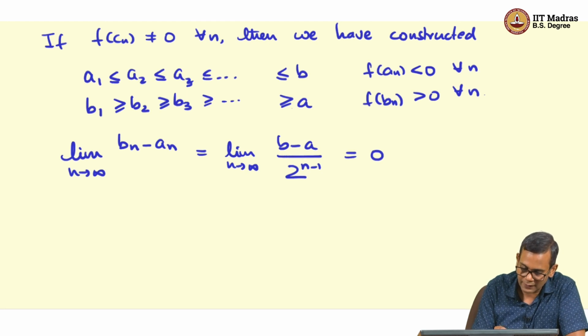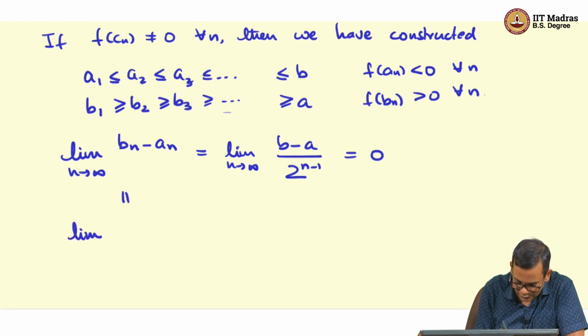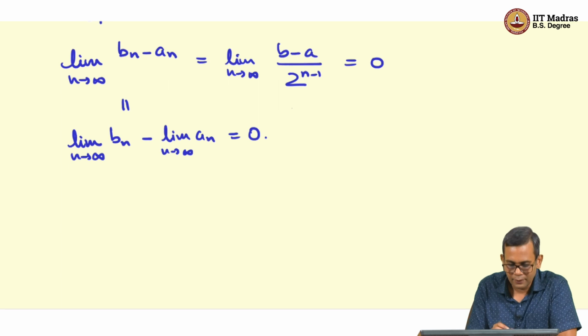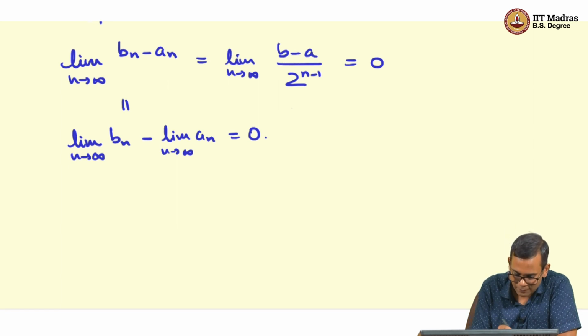The second is a weakly decreasing sequence that is bounded below. So, it also has a limit, and so by the difference of limits, this is the limit as n tends to infinity of b n minus a n. Therefore, these two sequences have the same limit, let us call it x 0.